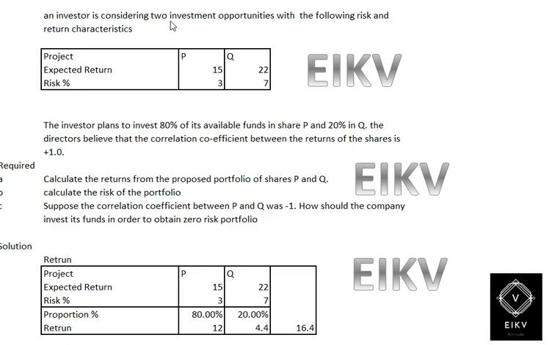So in this illustration, an investor is considering two instruments, opportunities with the following risk and return characteristics. Projects P and Q: expected return would be 15 and 22, risk would be 3 and 7.